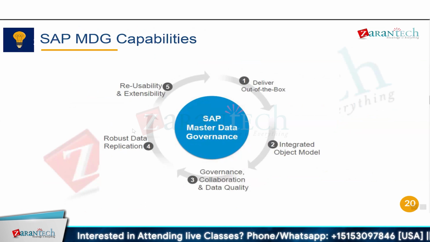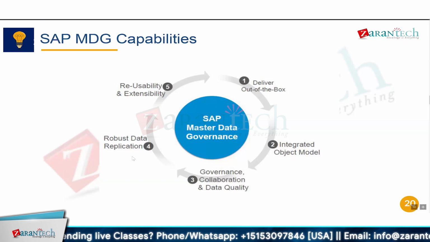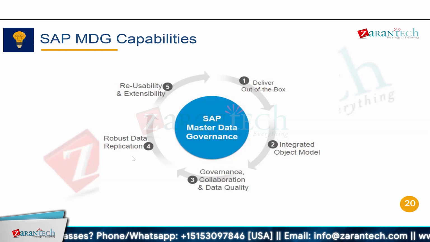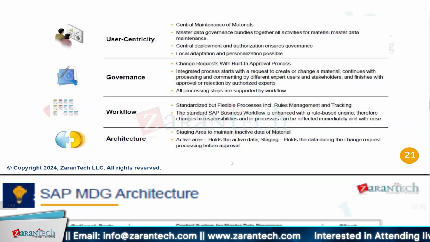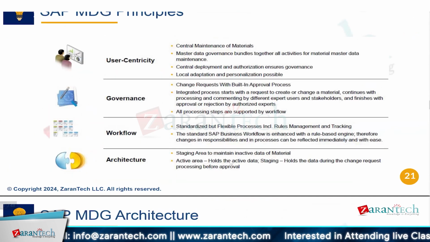When it comes to integration, MDG provides a framework to integrate to all sorts of target systems or source systems, either SAP or non-SAP systems. And the governance flavor, this is the main goal of master data, where we need to enable the governance process and data quality and all that stuff. So workflows and everything we discussed at a very high level.